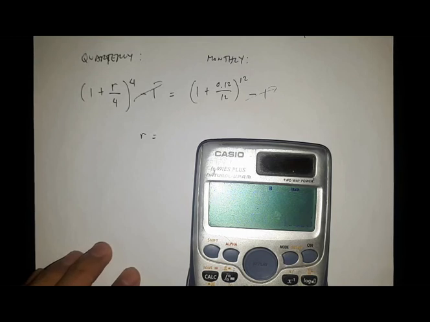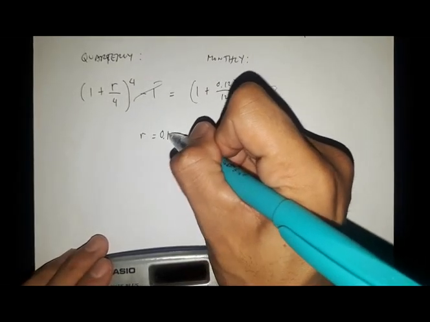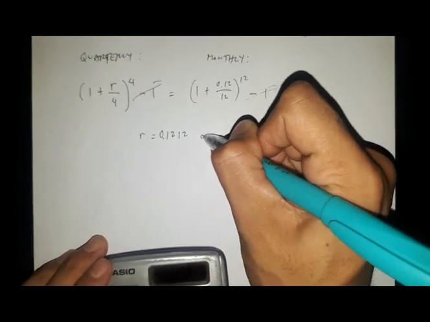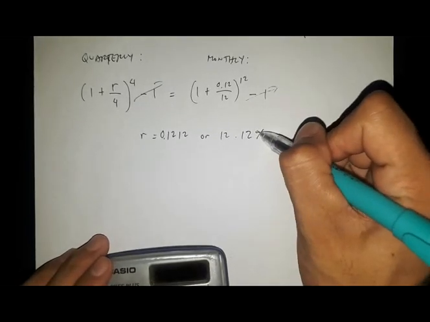So if we try to solve, we have the nominal rate of 0.1212, or 12.12%.